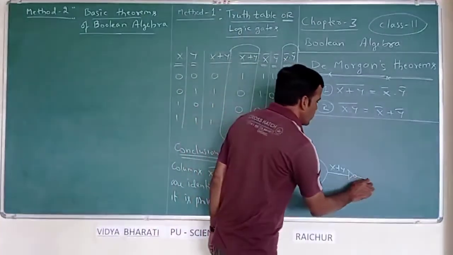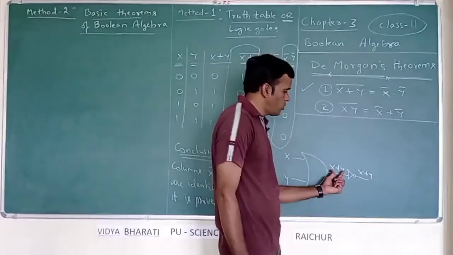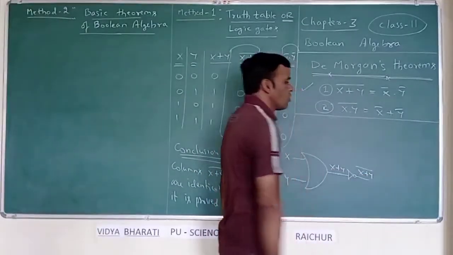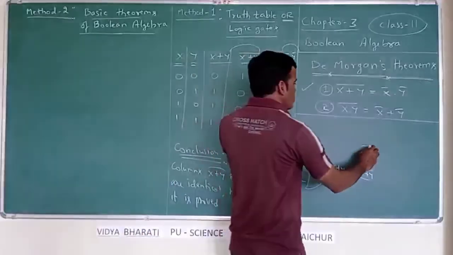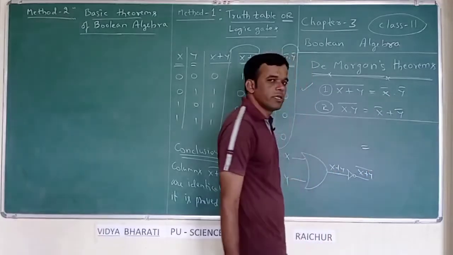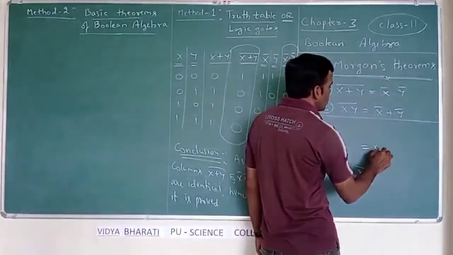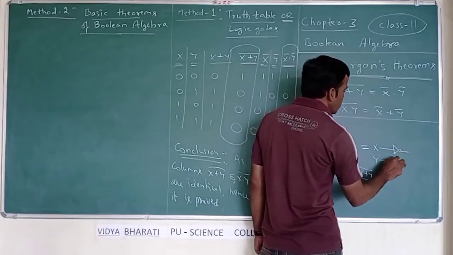The NOT gate result is the complement of the input. So here the input is x plus y, and the output is x plus y whole bar. This much of logic circuit is equivalent to the product of individually complemented variables, so x as well as y have to be complemented.